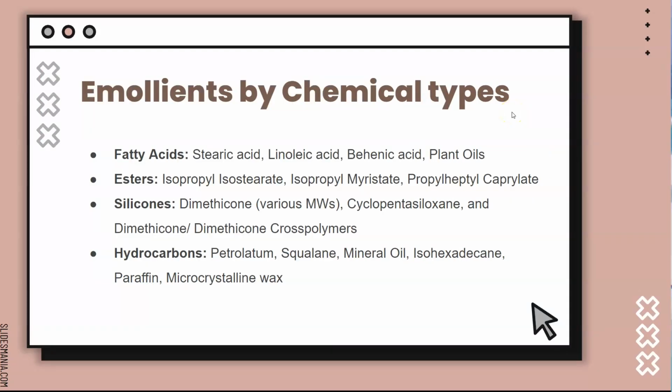Emollients can be classified by their chemical types. Commonly used are fatty acids. These are your plant oils, your shea butters, your vegetable or plant oils. These are basically just a combination of different types of fatty acids. They have different skin feels.